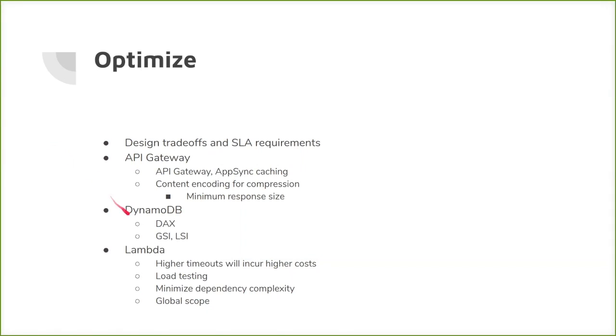With DAX, there's always going to be a cost inclusion, because this is an in-memory cache, but it will give a very low response time when serving your data. And again, you can make use of GSIs and LSIs for indexing and better query performance.